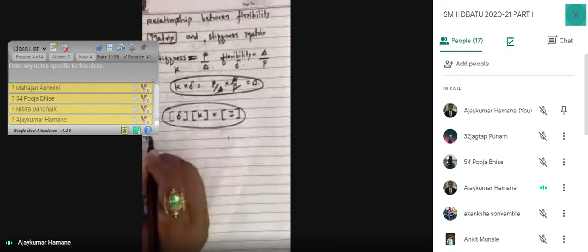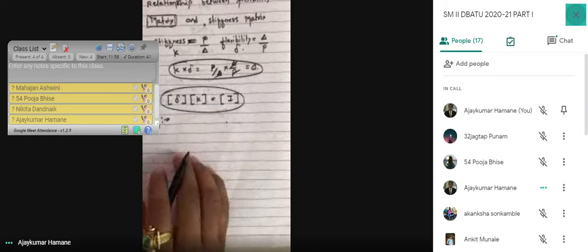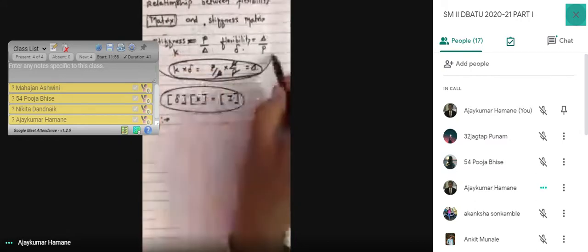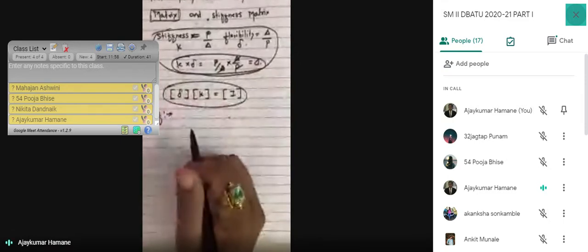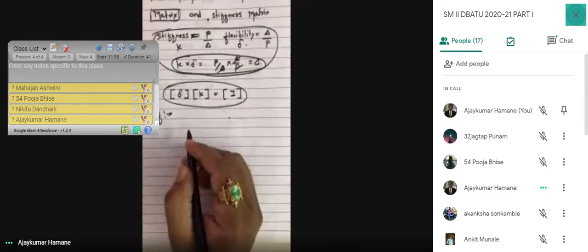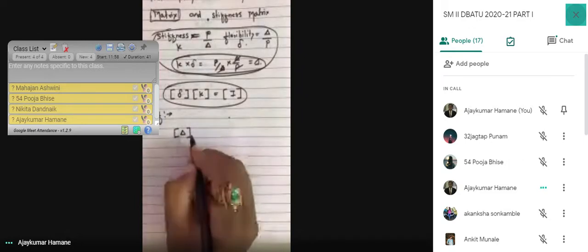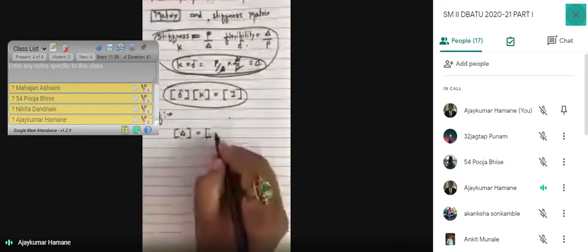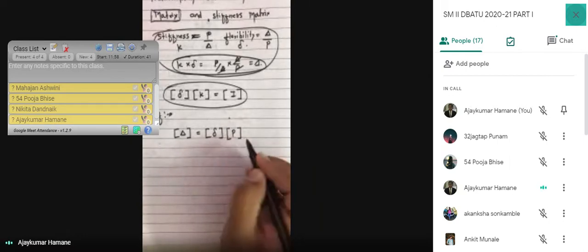Now the proof. Okay. So this is what our regular format. So we have to prove that in the matrix format. So the force displacement relation may be expressed by the matrix equation, that is delta equals flexibility matrix into P matrix.